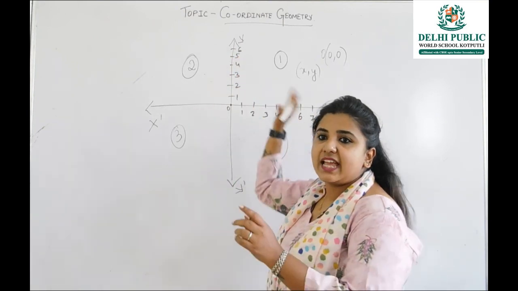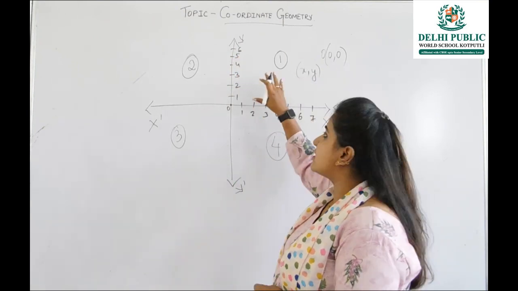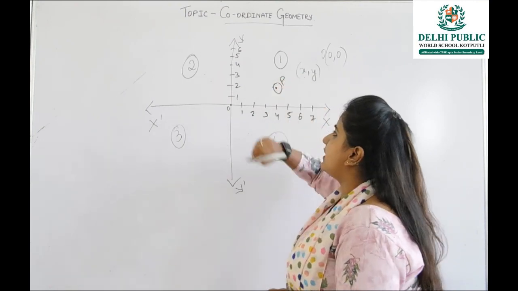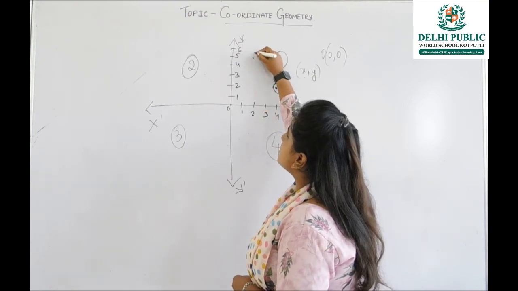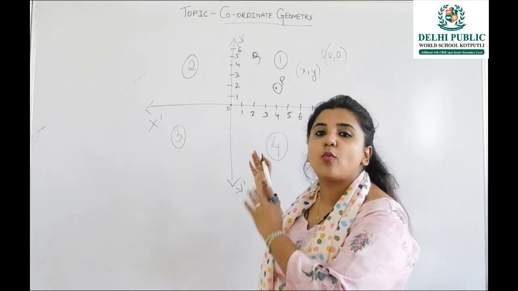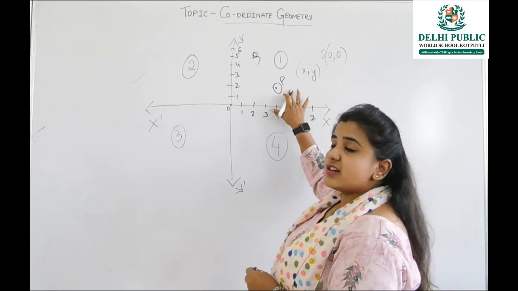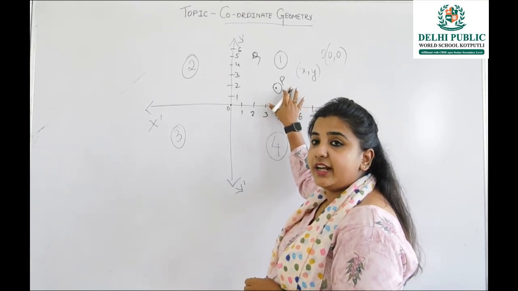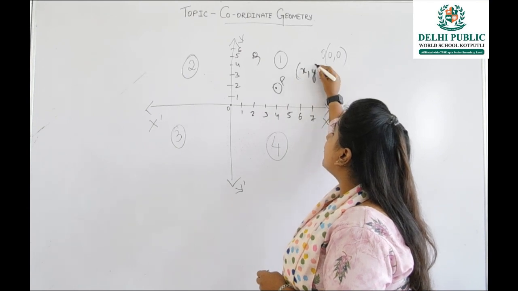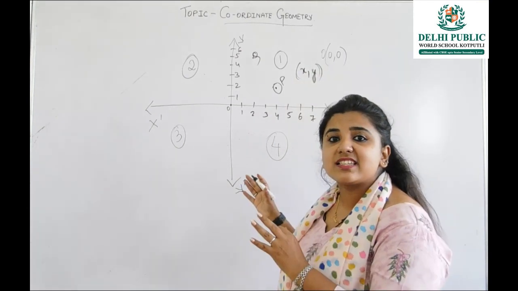Now suppose there is a point present in this first quadrant. We'll take a point here and name it P, and another point here and name it Q. While naming the coordinates for P, we will write it in the form (x, y). What do we mean by (x, y)?